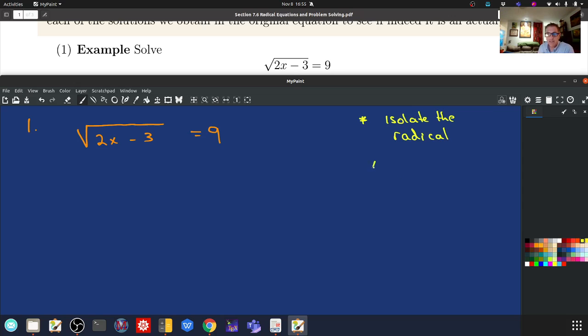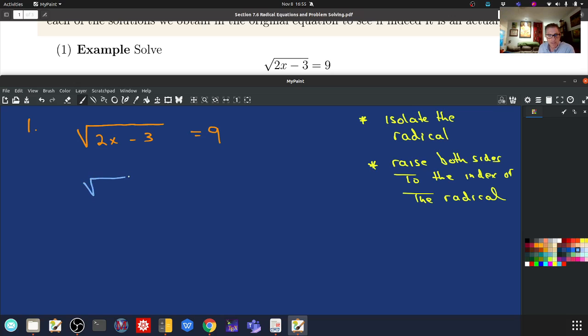And then our next step is to raise both sides to the index of the radical. So here, first step has already been done. And this is my original equation.